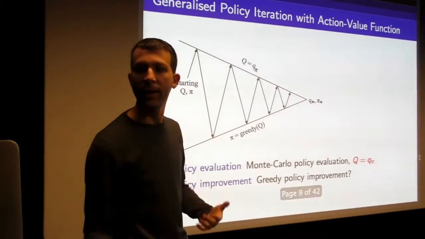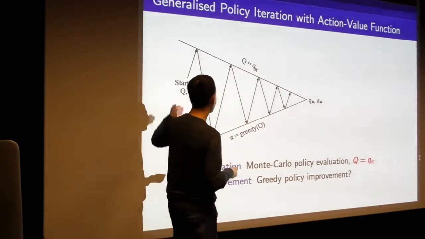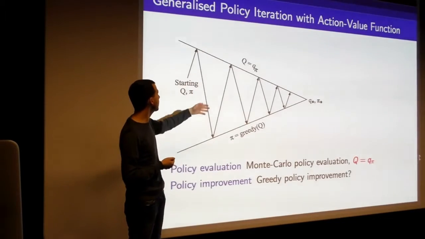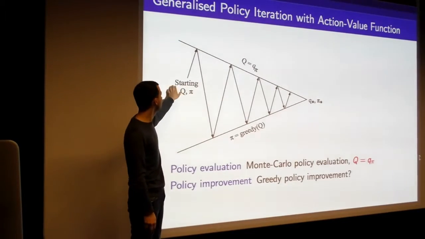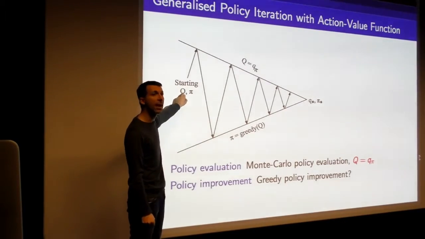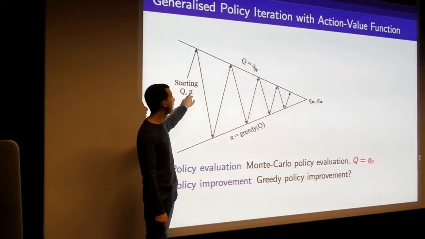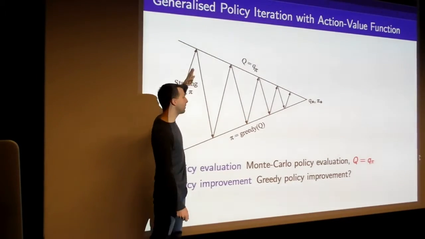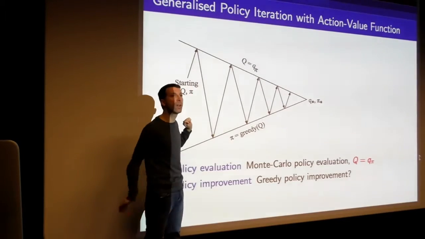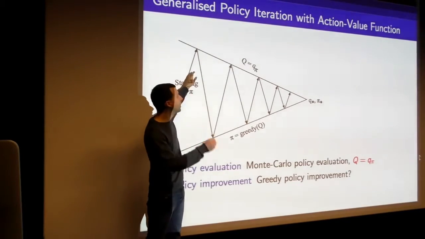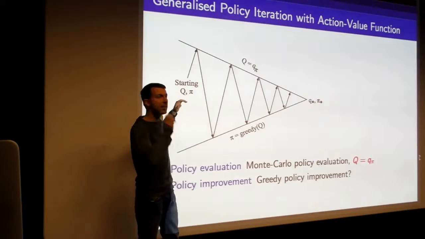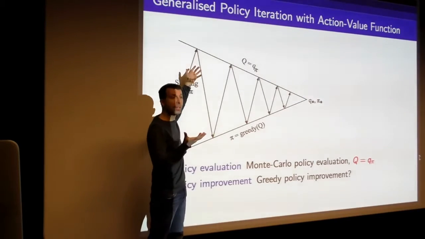So let's drop that in. What would that look like now? The proposal is an algorithm where we start with a Q value function, an action value function, and some policy. At every step we do Monte Carlo policy evaluation: run a bunch of episodes, and at the end of those we have an estimate of Q pi.